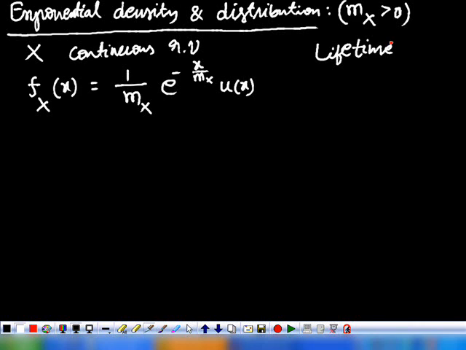Why? Because normally the lifetime of a machine decays exponentially. Is it? Time to time it will decay. Of course, the lifetime of a human being also decays exponentially. Take for example the population growth. The increase in population growth is also exponential.